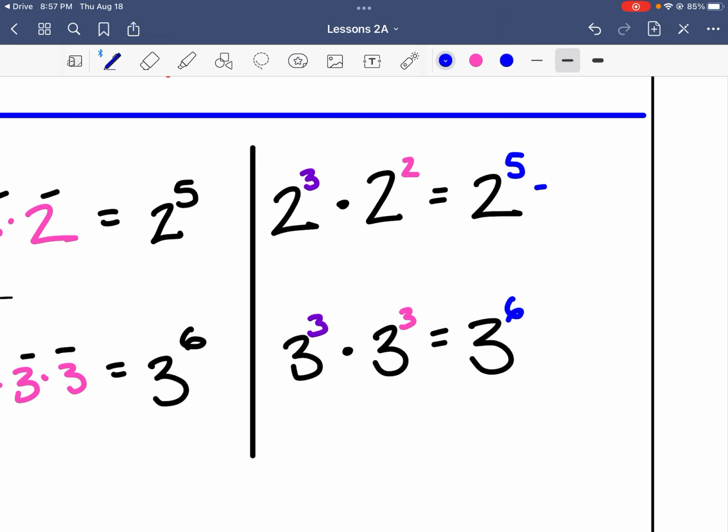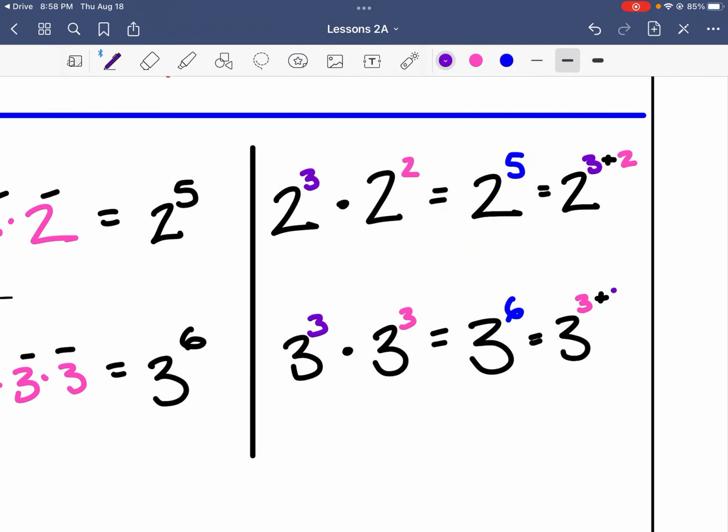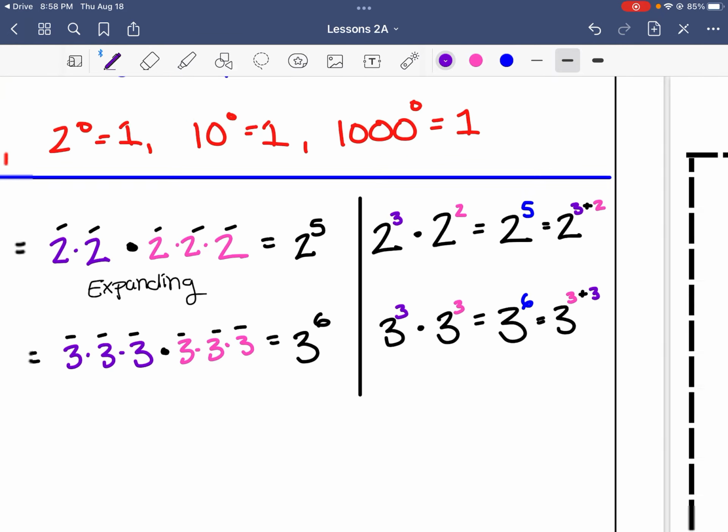So technically, this is equal to 2 and then we did 3 plus 2. We added our exponents. Same thing over here. We had 3 and we added another 3, which gave us 6.